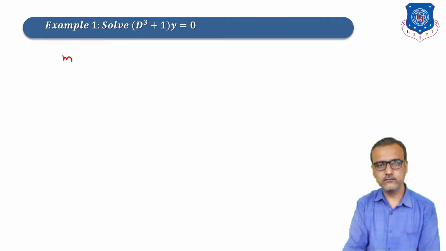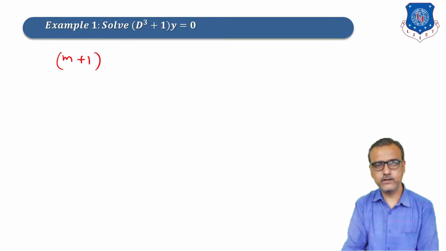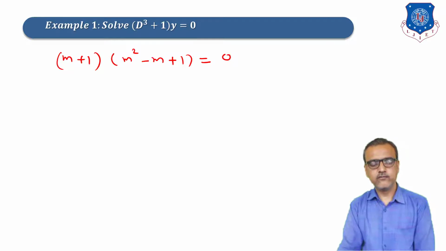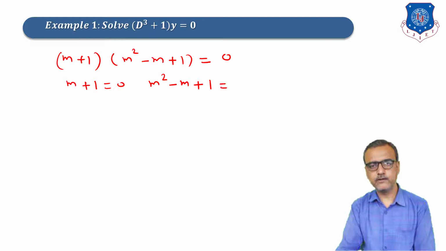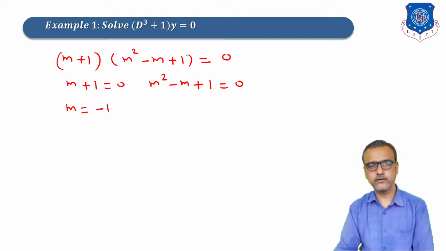We have m plus 1 in one bracket, m square minus m plus 1 equals 0. Now we equate these two factors to 0. So m plus 1 equals 0, and m square minus m plus 1 equals 0. From m plus 1 equals 0, we have m equals minus 1.